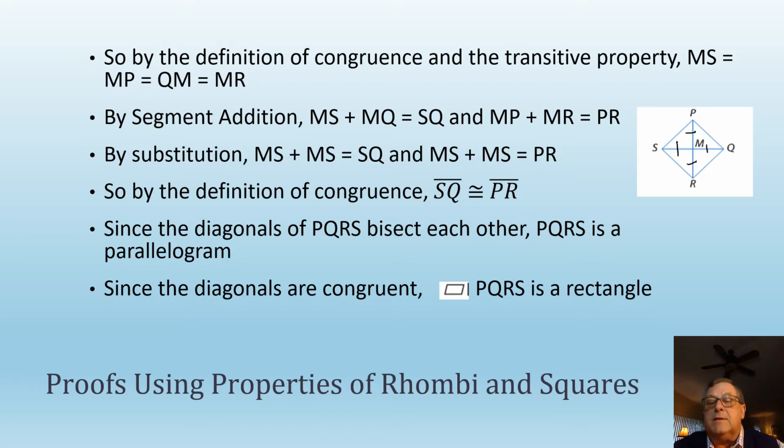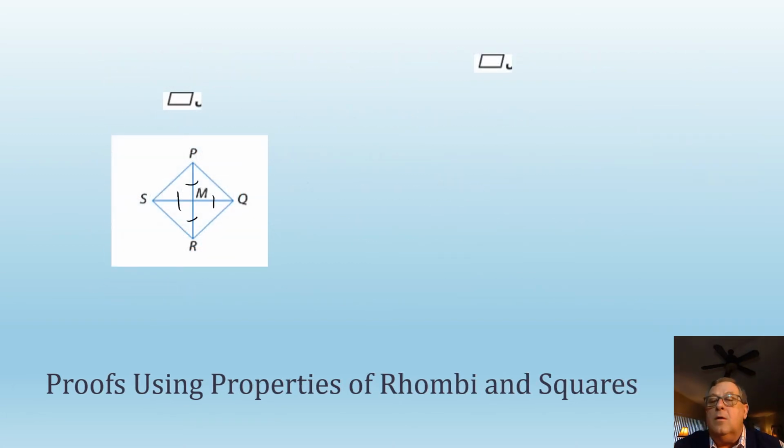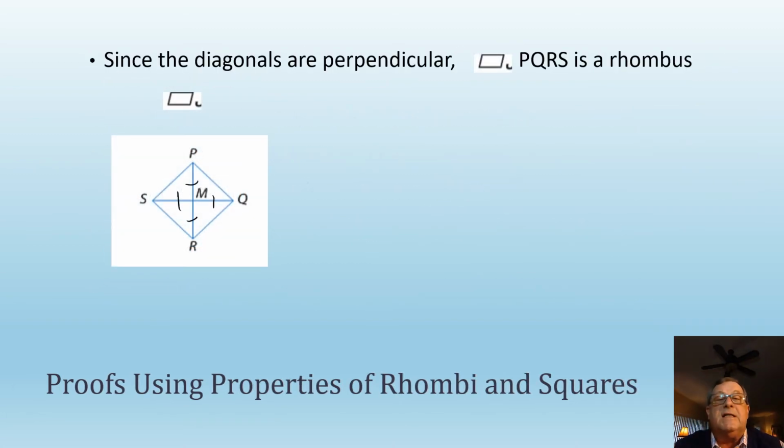Now we've proved that it's a rectangle. Let's continue. So since the diagonals are perpendicular, parallelogram PQRS is a rhombus. So we've gone from a quadrilateral to a parallelogram to a rectangle.